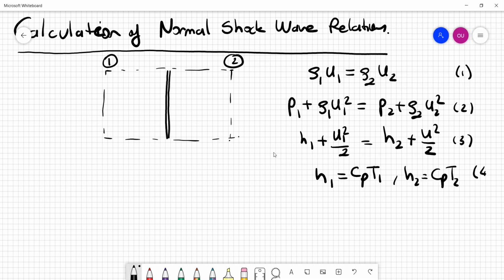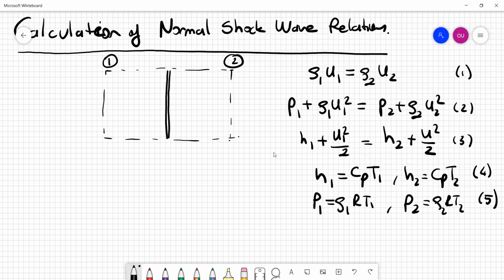This is equation 4. And we have the equations of state, which relate separately P1 equals ρ1 R T1, and similarly P2 equals ρ2 R T2. Let's call this equation 5. That constitutes a complete equation set for us to relate temperatures, pressures, and everything.